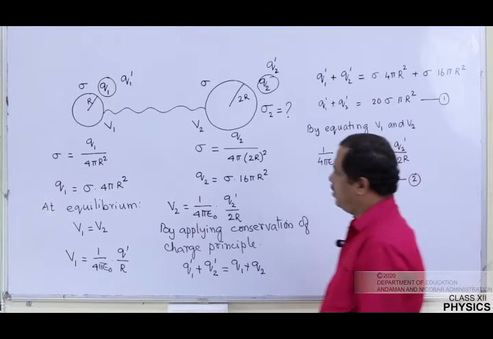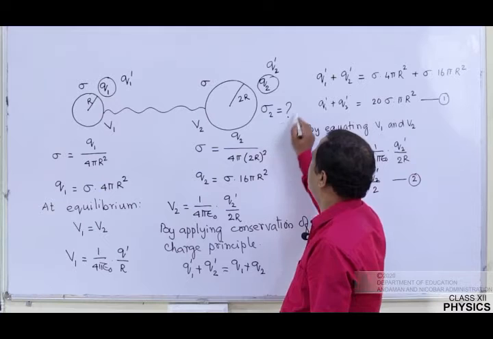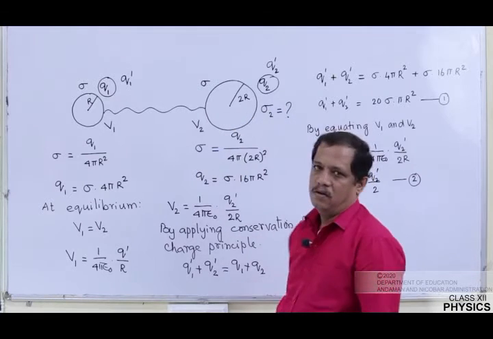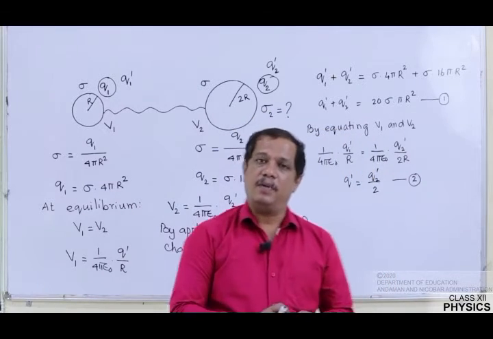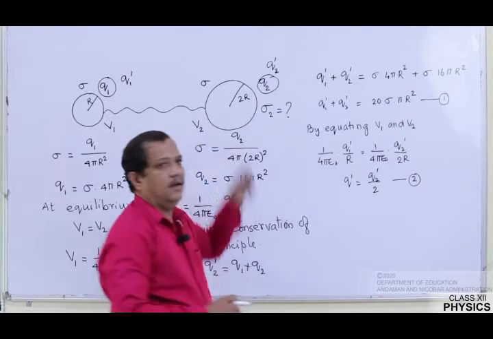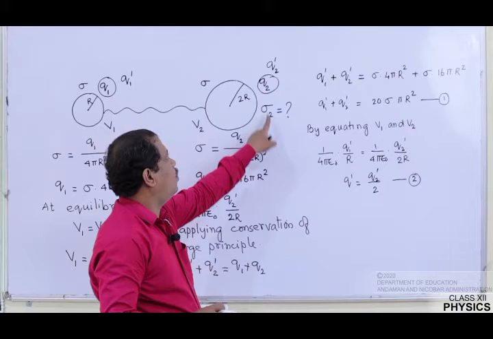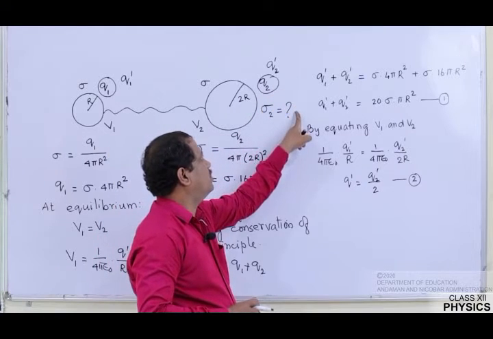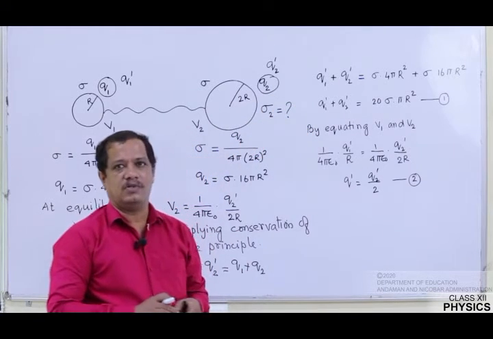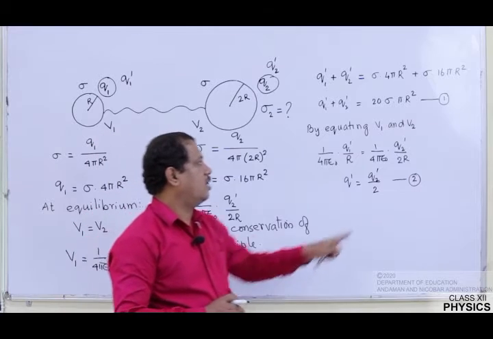What am I trying to find? I am trying to calculate the surface charge density on the bigger spherical conductor. For that purpose, to calculate sigma, I require q2 dash, since q2 dash divided by the total surface area is the surface charge density.